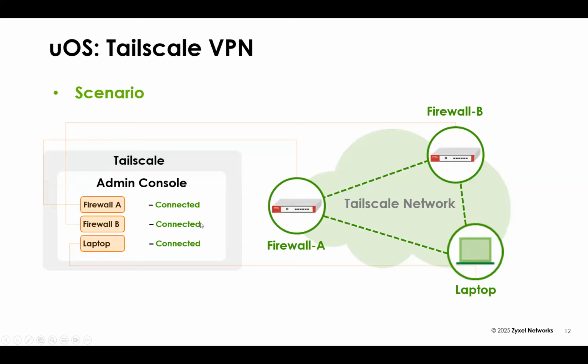When you are on your admin console in Tailscale, it will show you what devices are connected to the Tailscale network. So for this particular scenario, we have two firewalls and a laptop connected to the Tailscale VPN network.